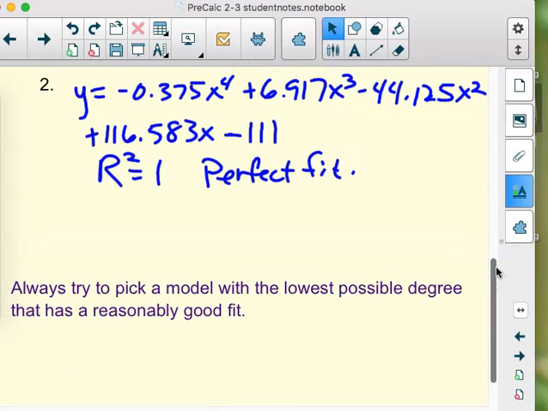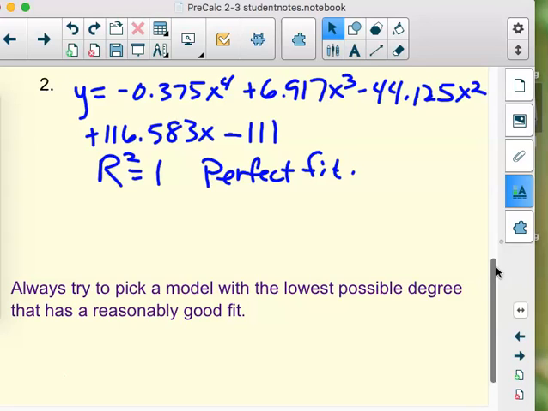Absolutely, that's what we want to do, that has at least a reasonably good fit. So we want to watch that uppercase R squared, which is the coefficient of determination, but we also want to look for the correlation coefficient, if that shows up, and try to get something as close to 1 as we possibly can.